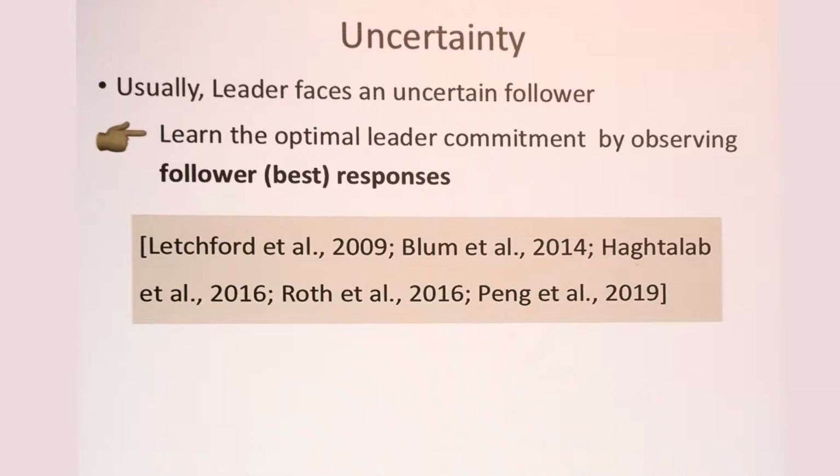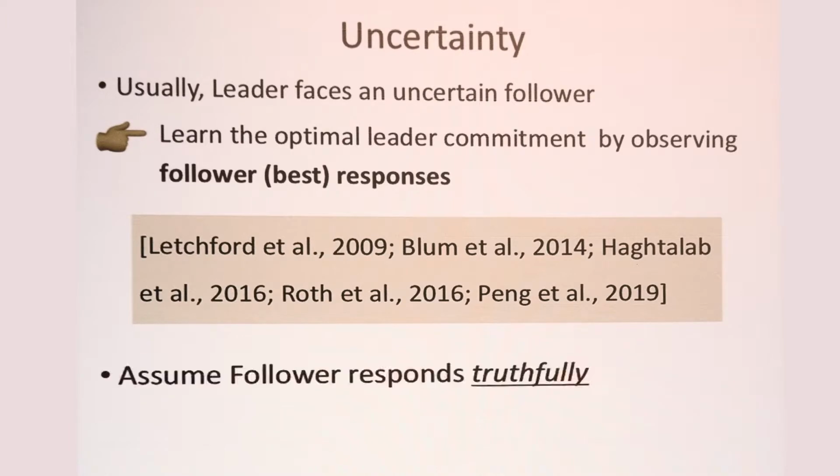However, since this is a strategic scenario, it would be natural to expect that the follower may behave untruthfully in order to manipulate the leader's learning algorithm. So the problem here is that if the follower can really be untruthful, the previous learning approach might be problematic.